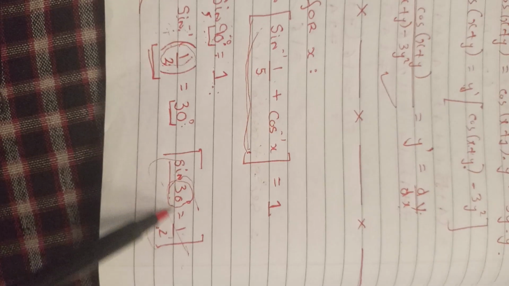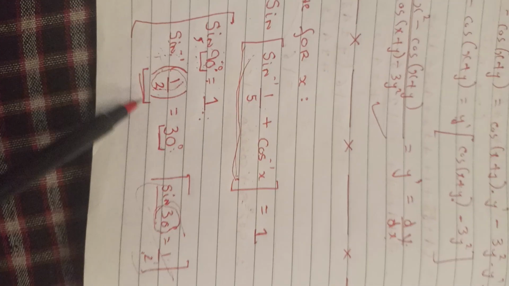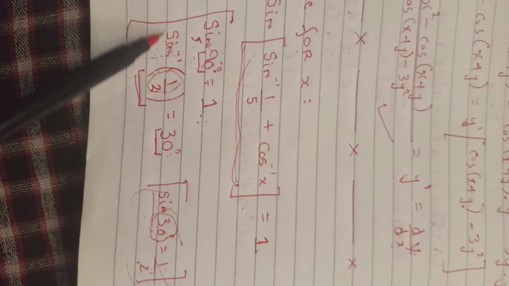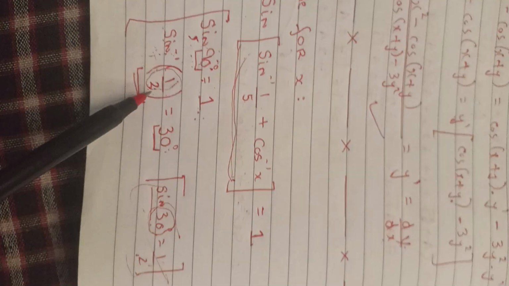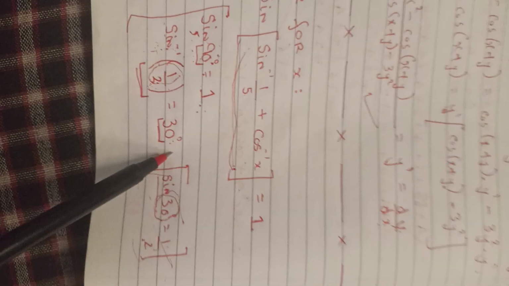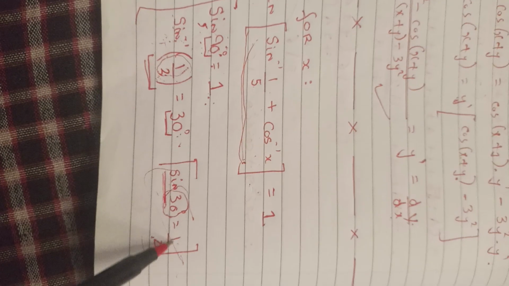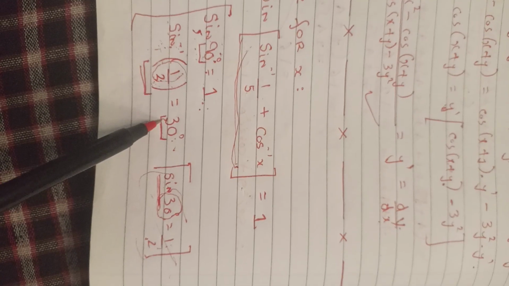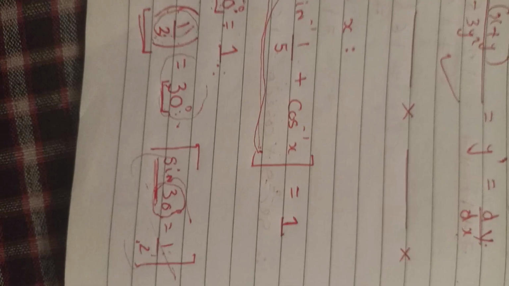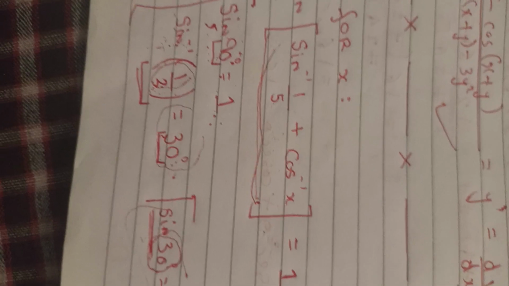So sine inverse is a particular value in inverse trigonometric functions, giving the angle of that value. So I guess you understood this concept.